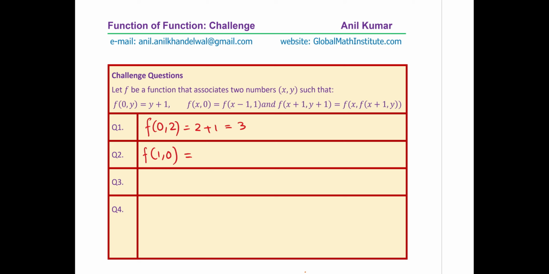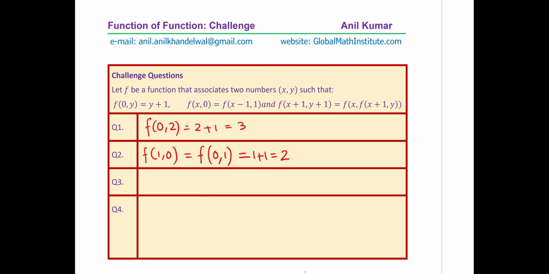And as far as f of 1, 0 is concerned, we use the second relation. And so we could write this as f of, 1 less than 1, I could write this as 0, right? 1 less than this value, and the y value being 1. And now we will use the first relation, and so we get the answer as 1 plus 1 equals 2.